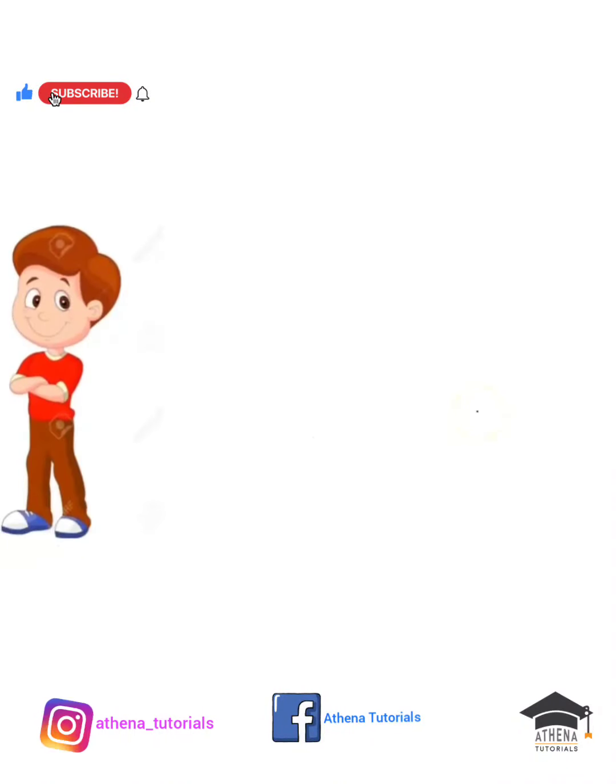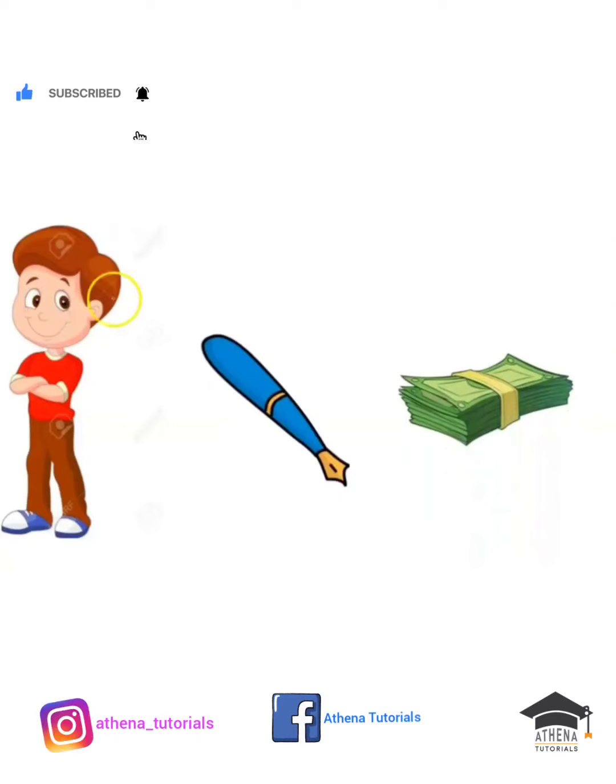Imagine yourself purchasing a pen and the cost of the pen is 100 rupees. And the shopkeeper says there is 30% discount. So how much will you pay the shopkeeper, and how to calculate this?